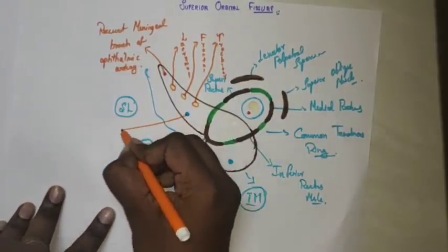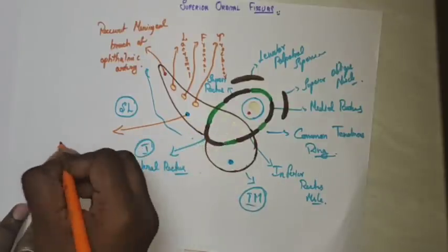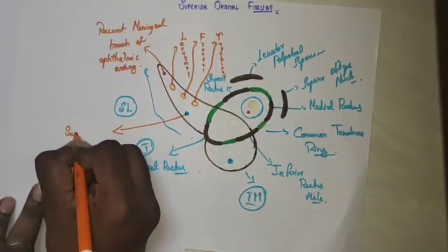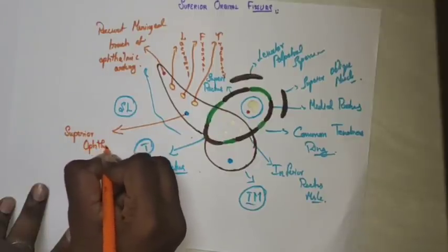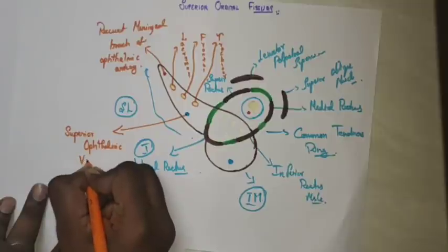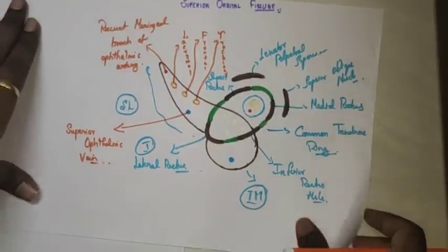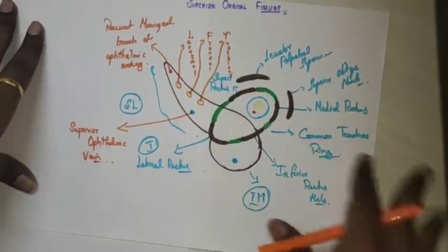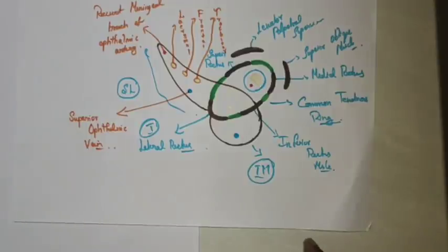And we have an important vein over here, which is known as the superior ophthalmic vein. Bear with my handwriting, but I'll try to scan this pic and I'll post it as your notes soon.